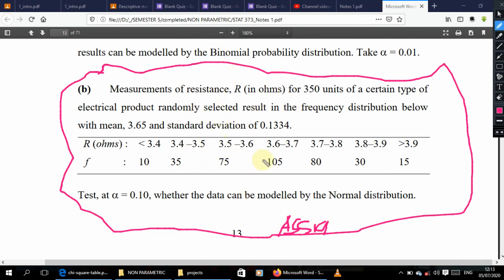Anytime you go through this video, make sure you work this out, show everything, how you calculate the probabilities, and show it to me. You can scan your work and send it to me through mail.